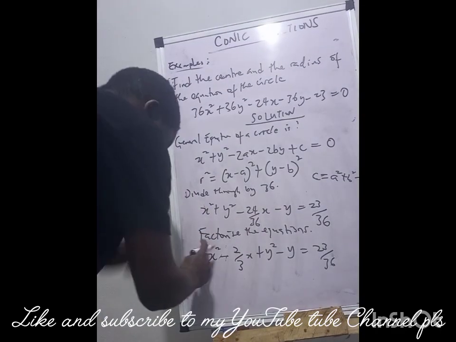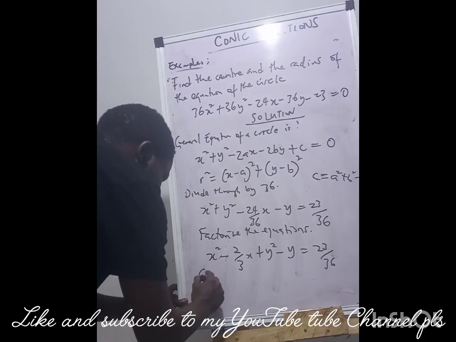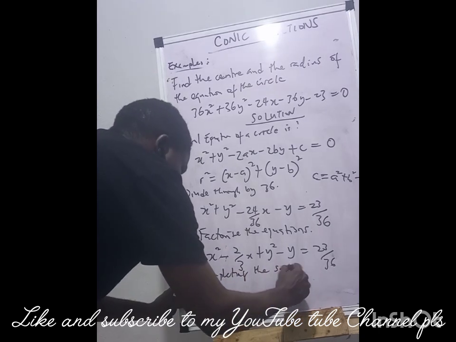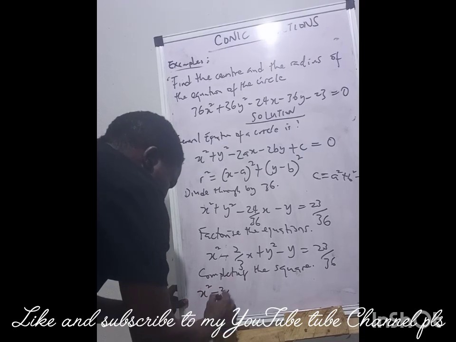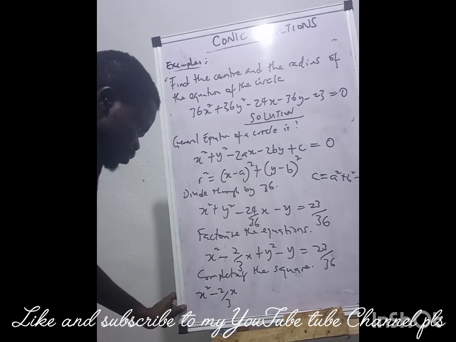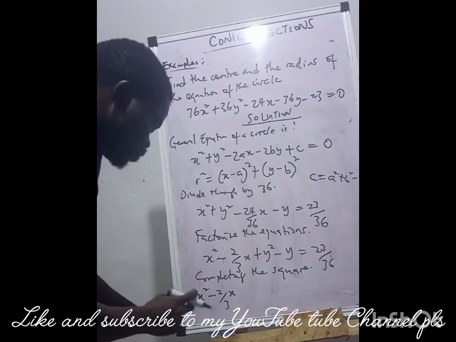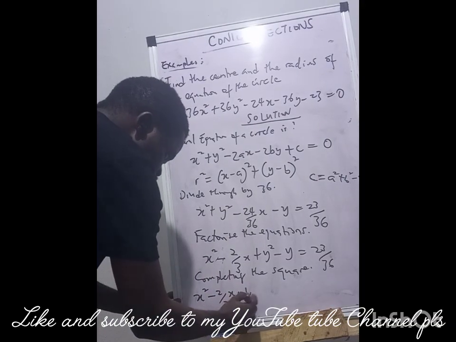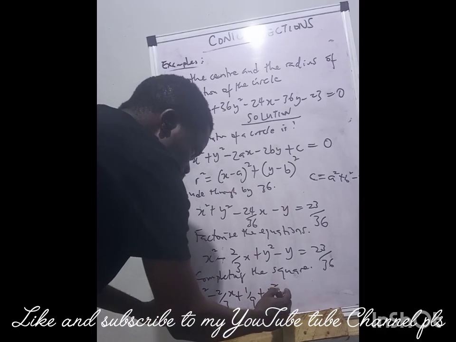Now, completing the square. What do we have here? We have x squared minus 2 over 3 x. Half of 2 over 3 is 2 over 6, which is 1 over 3, and squared that is plus 1 over 9. Then plus y squared minus y.